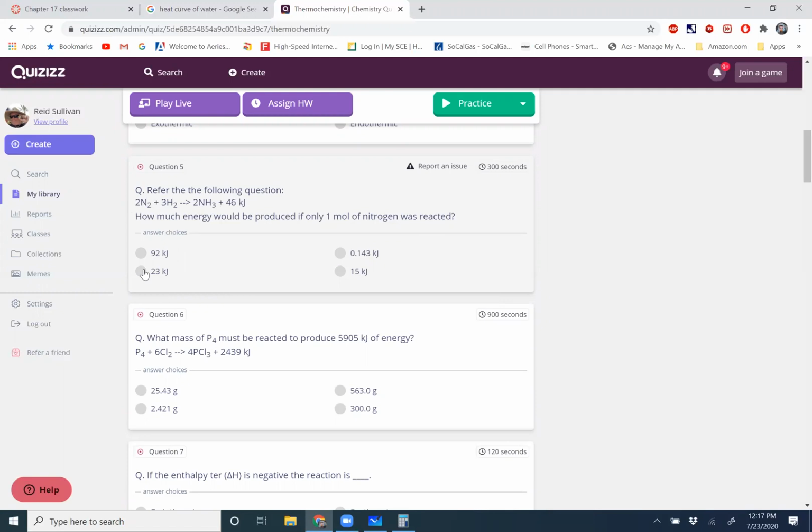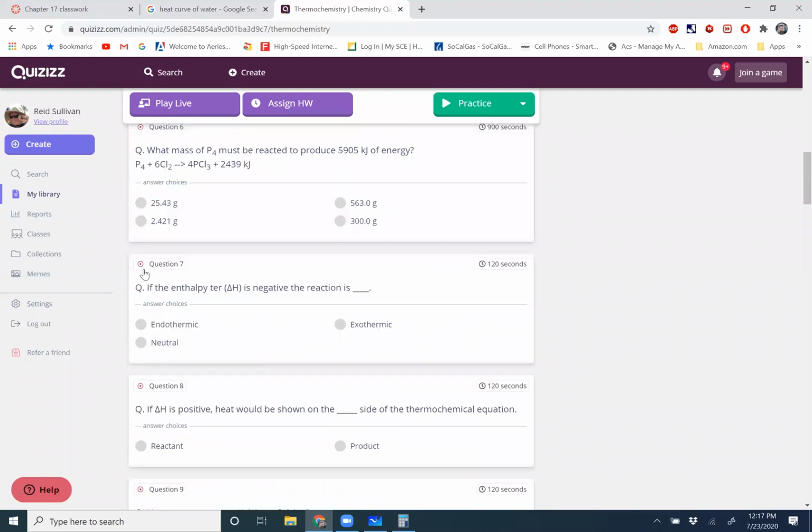That's it. And then for this, it says, what mass of P must be reacted to produce this much energy? Well, you'll notice that 1 mole of P makes this much energy. So then you would just figure out how many moles you have from this. Let me show you that.